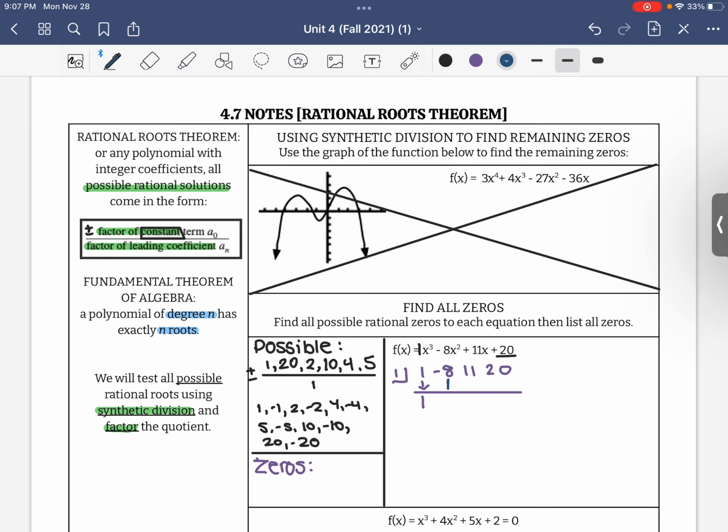Negative 8 plus 1 is negative 7. Negative 7 times 1 is negative 7. Add that to the 11, you get 4. Multiply that by the 1, you get 4. And I already know that when I add that to the 20, I'm not going to get 0. So I'm going to cross it out and move on to the next one. Remember that your goal for finding zeros is that this equals 0 at the end.